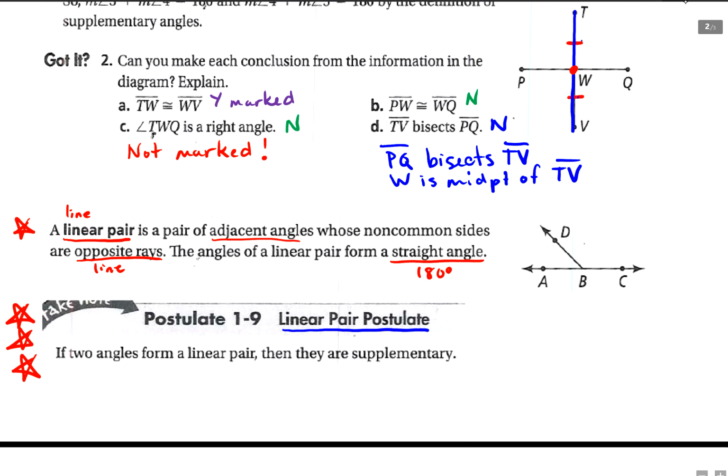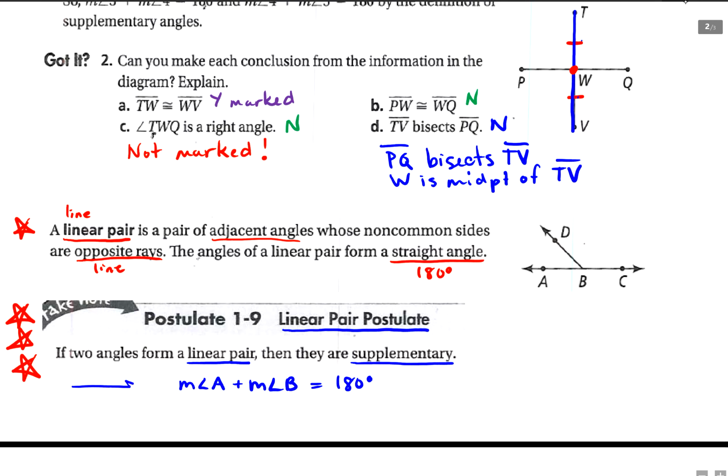This says, if two angles form a linear pair, so this is the requirement. If we have a linear pair, then the result is they are supplementary. So we can say that the measure of angle A plus the measure of angle B equals 180 degrees. If you have a linear pair, then you can say that they are supplementary.